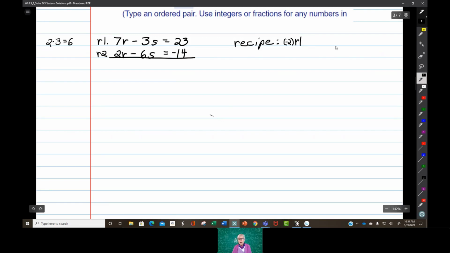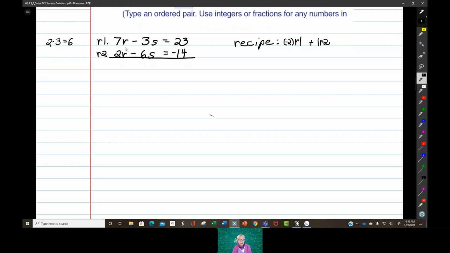Okay, and then I'm just going to add it to R2 with no changes. Now, some calculators that you do this on with a program called row ops that you'll use if you go on to finite math, or some versions of the row ops program, insist that you put a 1 in front of row 2.